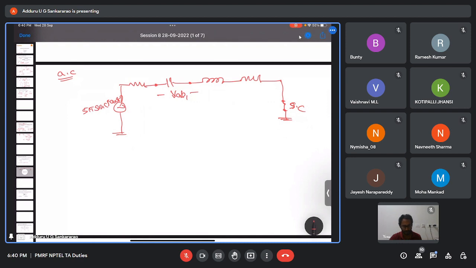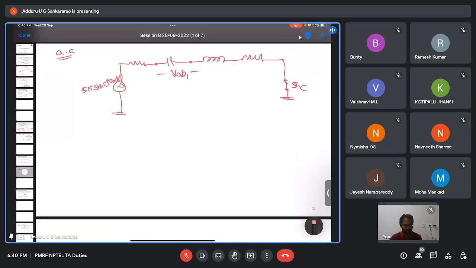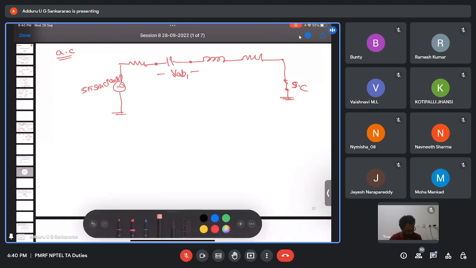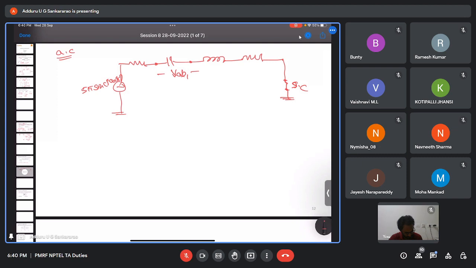If you see this circuit, it is like an LTI system, isn't it? Because we have resistors, inductors and a capacitor, all linear elements, so it is an LTI system, we can say.